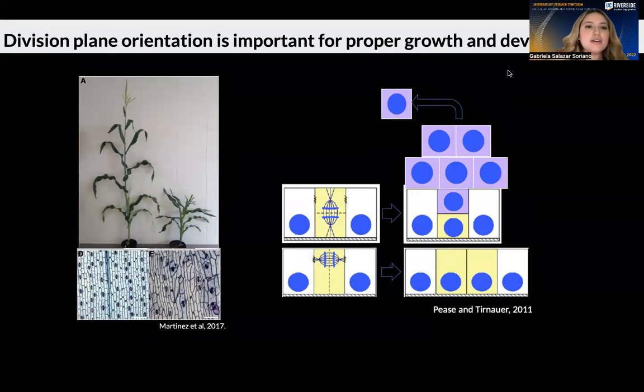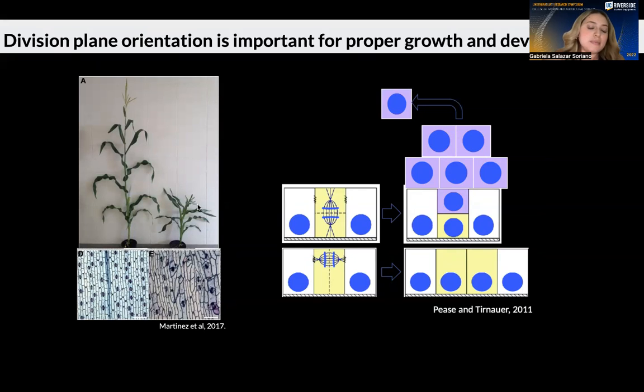Okay, and so the reason that we study division plane orientation is because it's important for proper growth and development across many different organisms. And so here you have an image of maize, and this plant right here shows a plant with no division plane orientation defects. And as you can see here, it grows to its full potential.